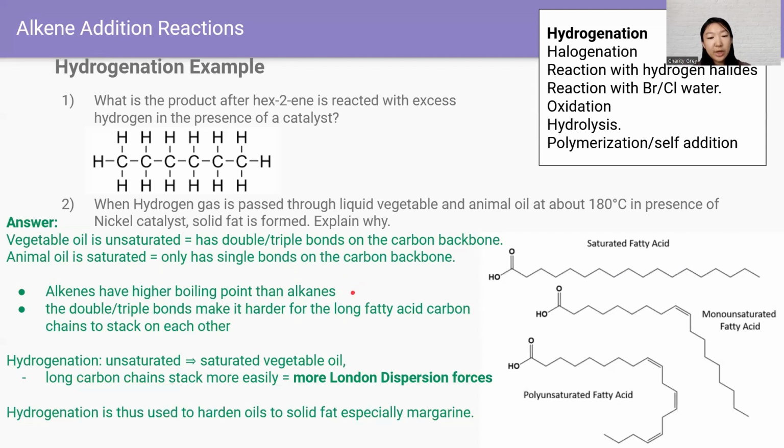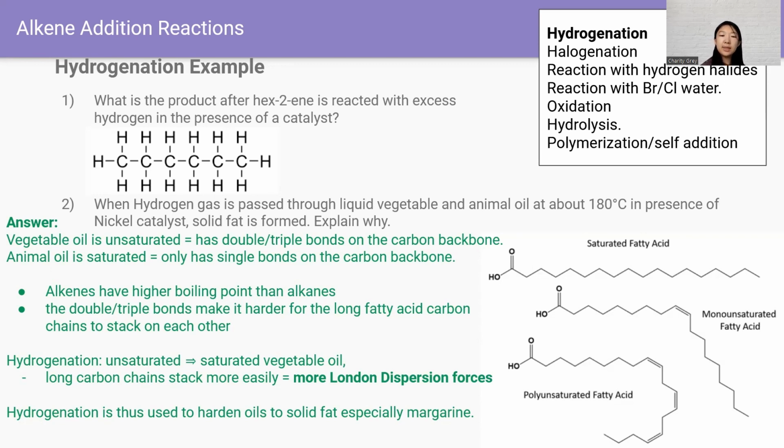Now let's take a look at alkenes versus alkanes, right? Alkenes should have a higher boiling point than alkanes, right? But we all know that animal fat, for example butter, is solid at room temperature. However, vegetable oil is liquid. But vegetable oil is an alkene, whereas animal oil is an alkane.